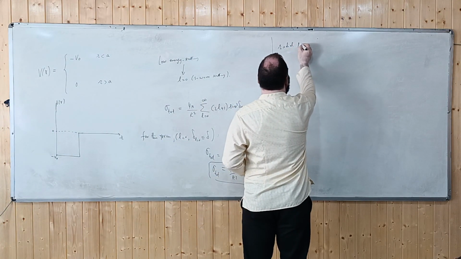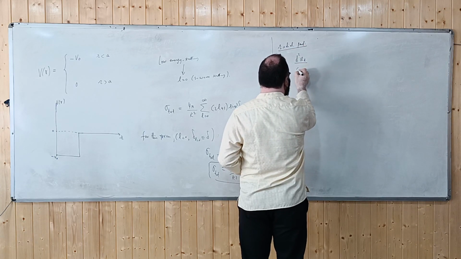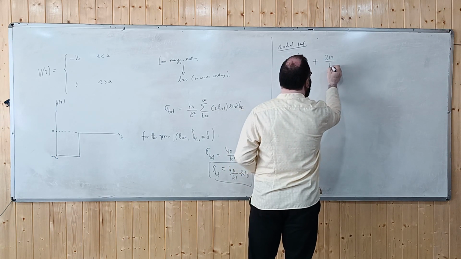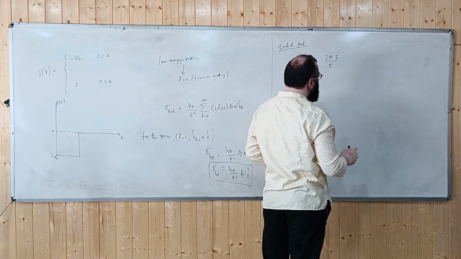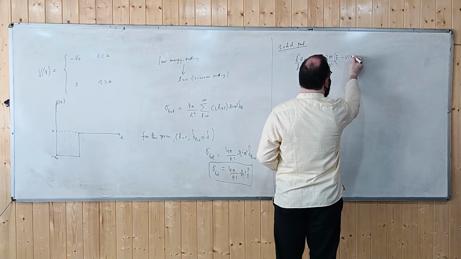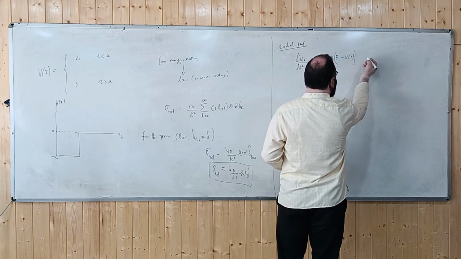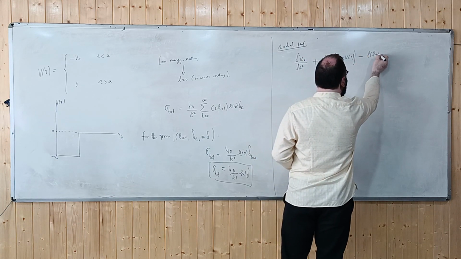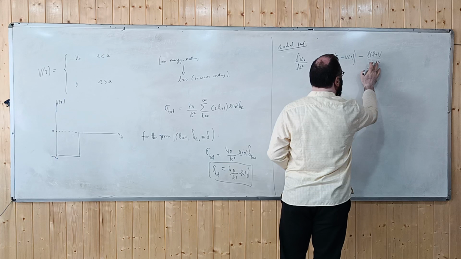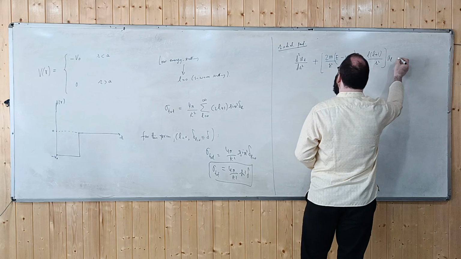So let me write it. The radial part: d2u by dr2, then plus twice m by h cross square times (E minus V of r) minus L into (L plus 1) divided by r square, u L is equal to 0.